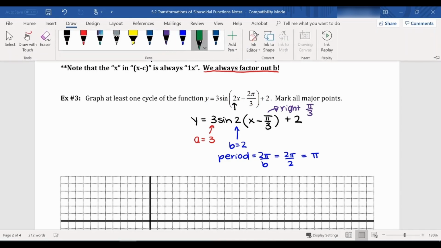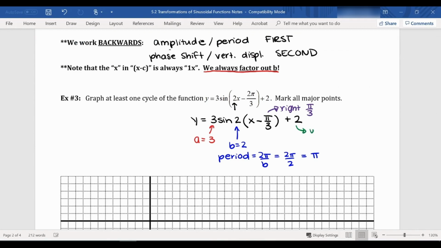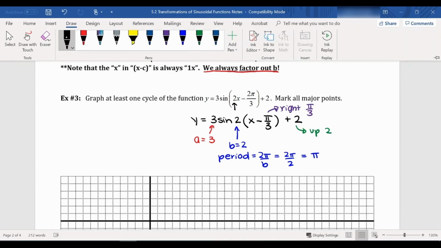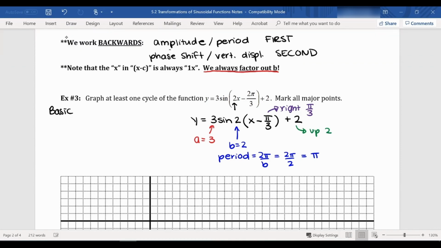And I have that I'm going to move up 2. Okay. So our first and hardest part of this is determining what my scale is going to be. So I know that a basic sine graph has a maximum of 1 and a minimum of -1.